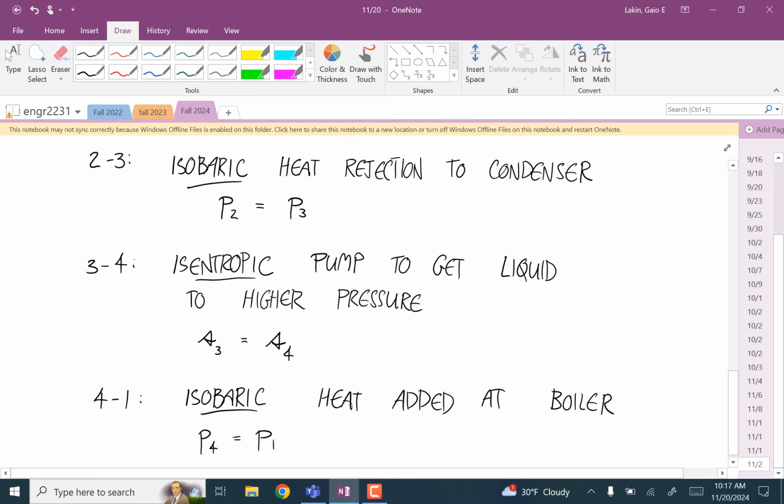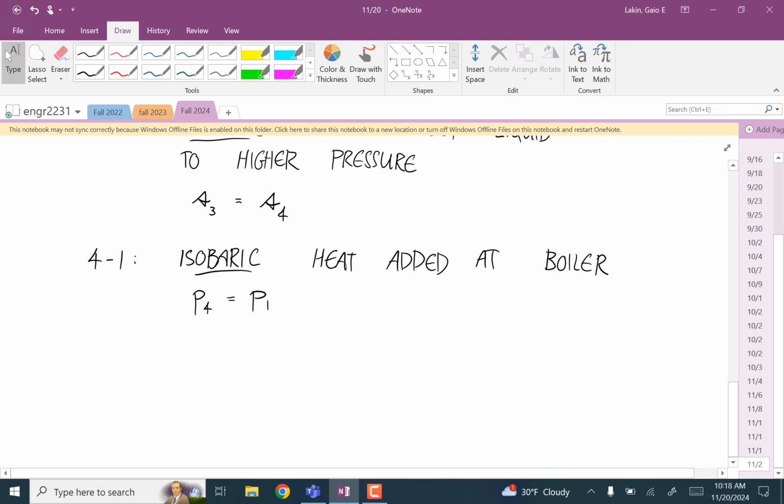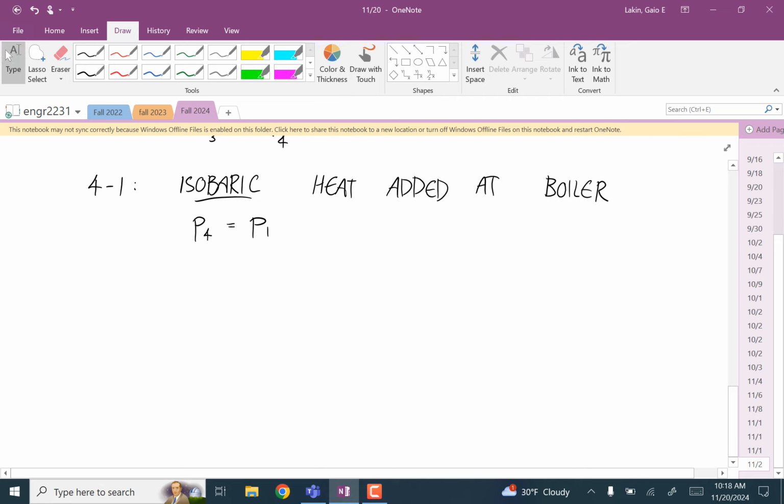And one thing that's going to be really useful to us in thinking through all this is a temperature entropy diagram. We'll have temperature on the vertical axis, specific entropy on the horizontal axis.